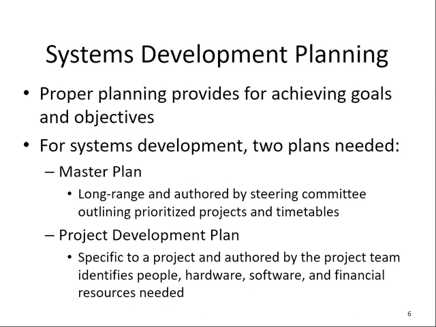For system development, two types of plans are needed. A master plan, and then we have the project development plan. So a master plan is a long-range plan. The master plan is authorized by the steering committee.